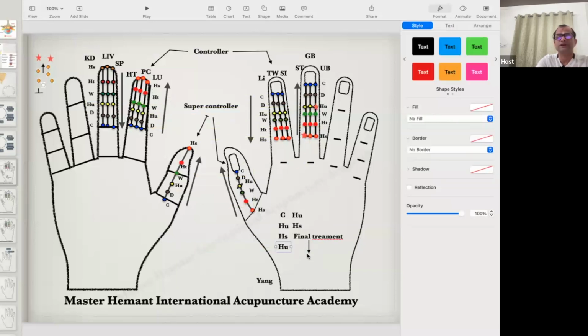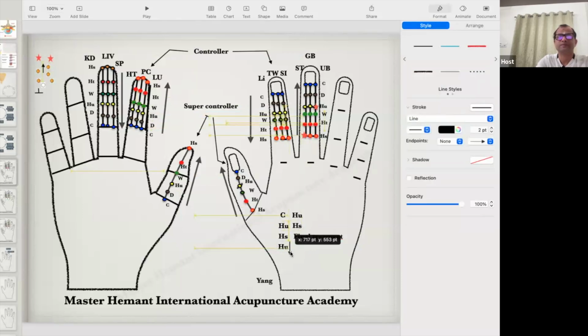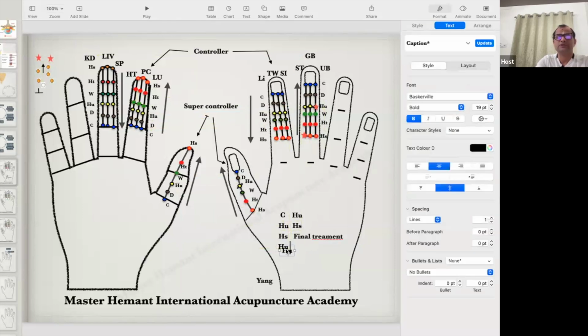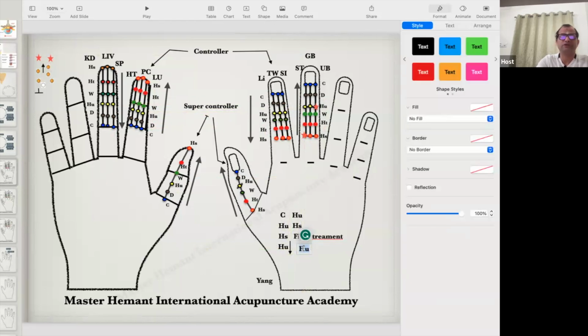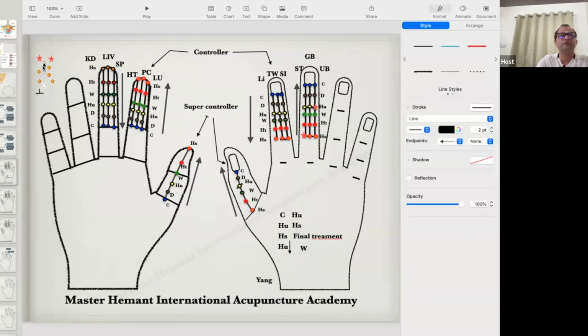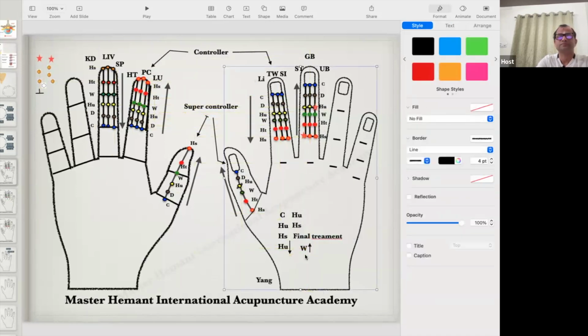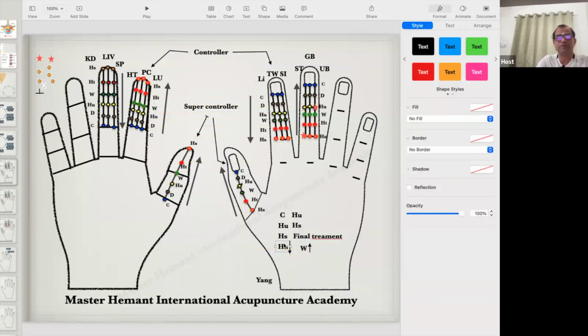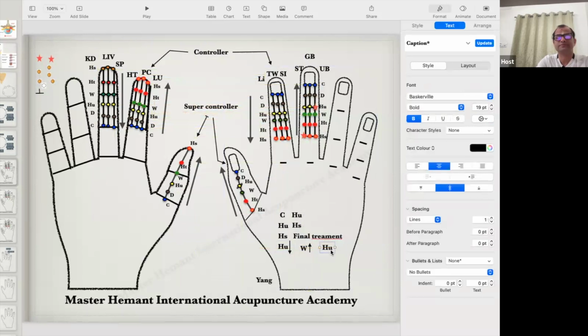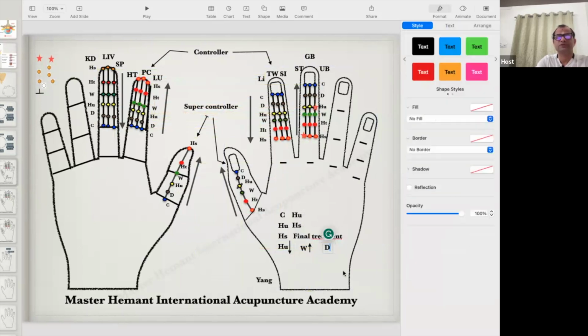Then bind tonification, I am tonifying the bind. Then dryness sedation. Remember what we have discussed earlier. Dryness sedation.